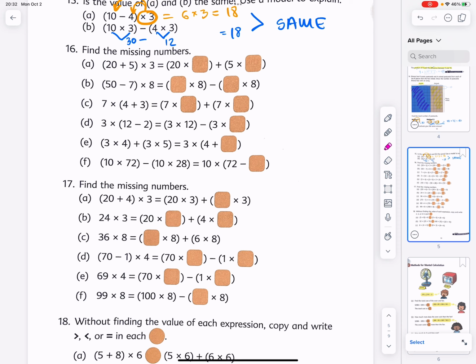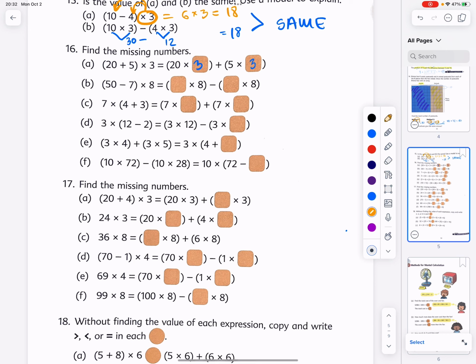20 and 5 taken 3 times is the same as 20 taken 3 times and 5 taken 3 times.